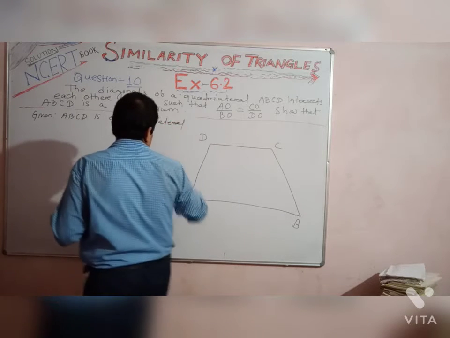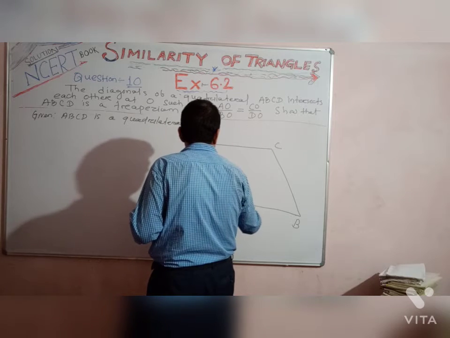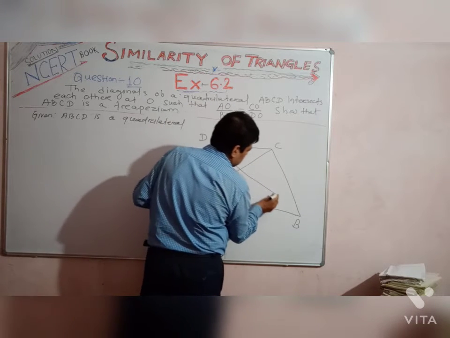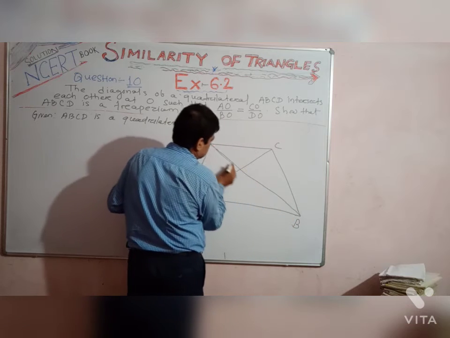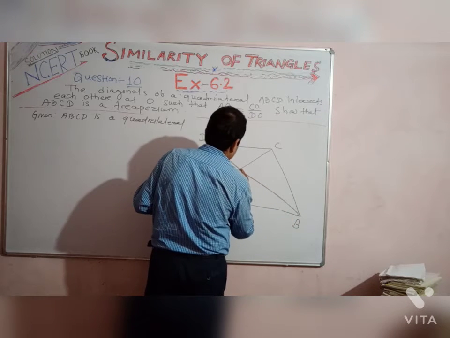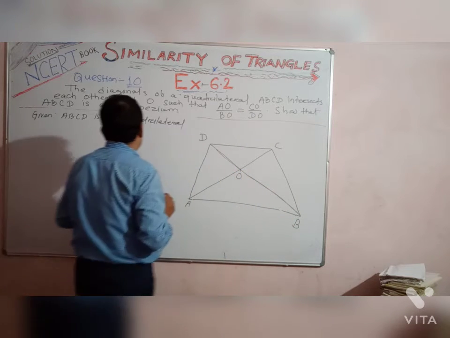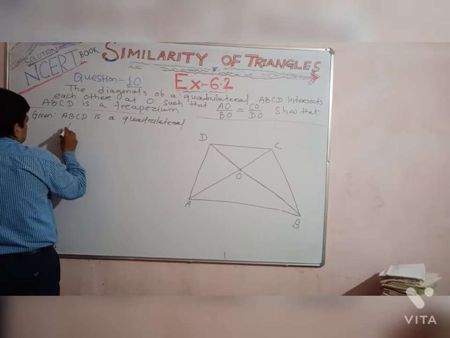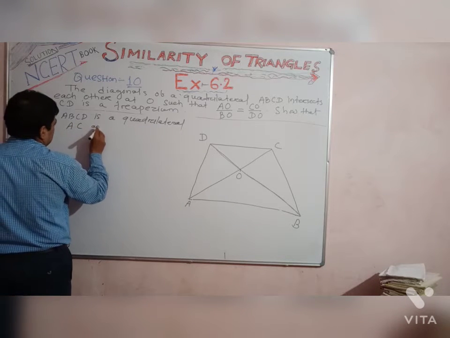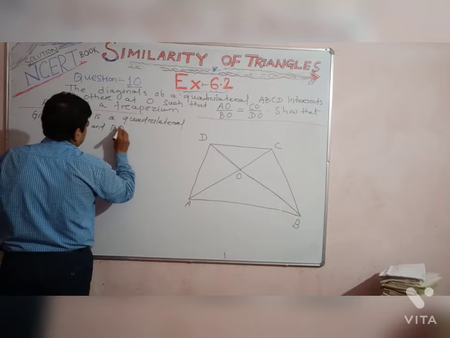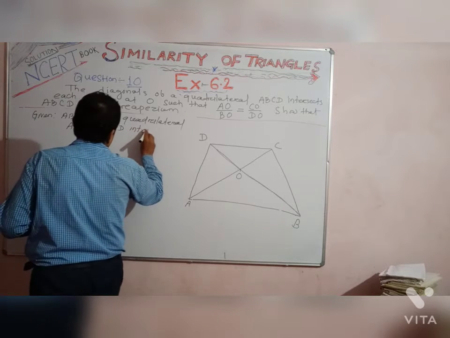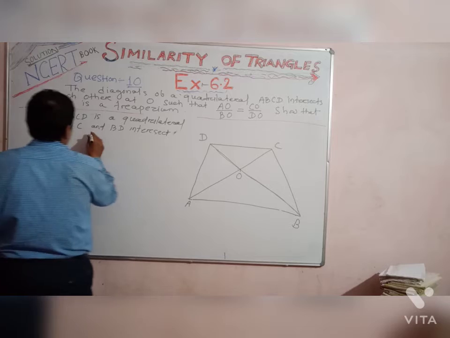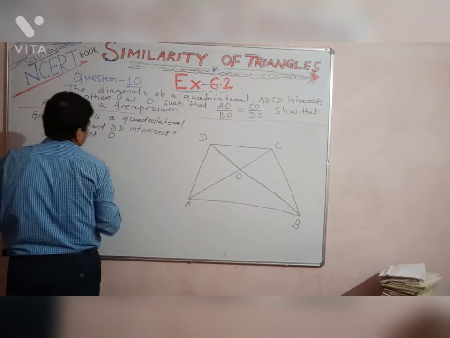And another thing you see, the diagonals AC and BD intersect at the point O. This is another given.